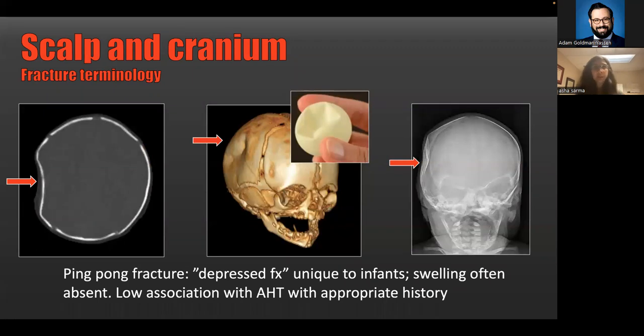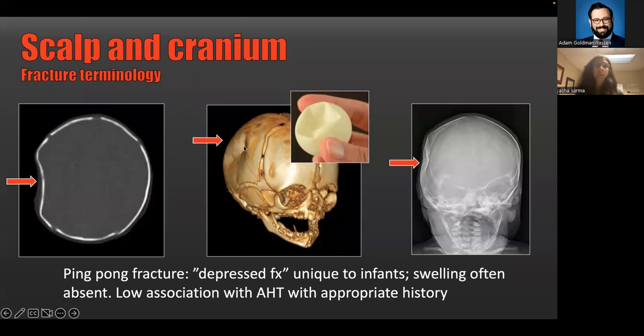This is a special type of fracture that can be mistaken for a depressed fracture. This is an infant-specific fracture called a ping pong fracture. You can understand why it's called that if you've ever seen a dented ping pong ball. But the baby's skull is softer, so it's kind of like a buckle fracture where it just gets indented. The mechanism is either that this happens during birth, or the child falls onto a toy or something.